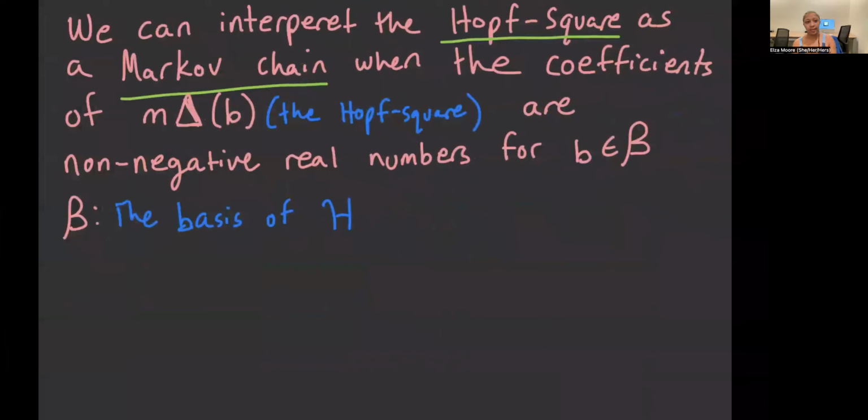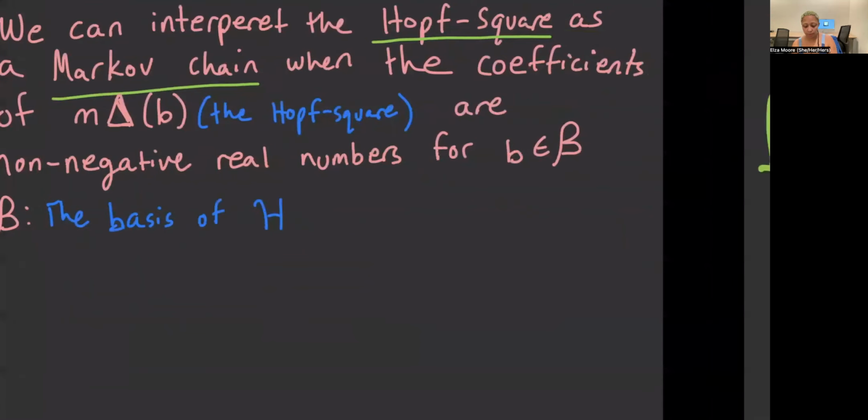So we say here we can interpret the Hopf square as a Markov chain when the coefficients of this Hopf square are non-negative real numbers for B and B. So B is the basis of H. So you take some basis vector of H and you put it into this Hopf square map. And when the coefficients of this map are non-negative real numbers, you can interpret it as a Markov chain.